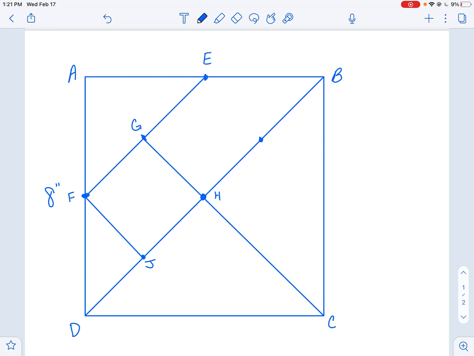That right there, midpoint of HB. I'm going to label that K, and then I'll connect that with E. I'm sorry, I won't connect that with E, I'm going to connect that with G. I misread that. So I'll connect that with G, and now I'm going to cut along all of those lines.